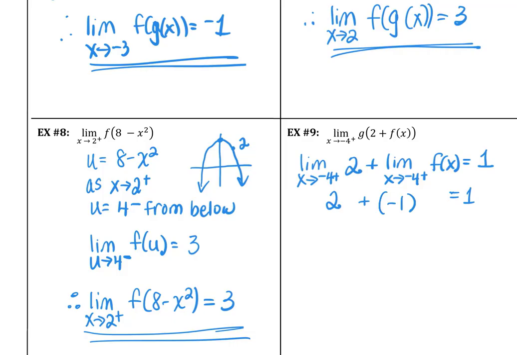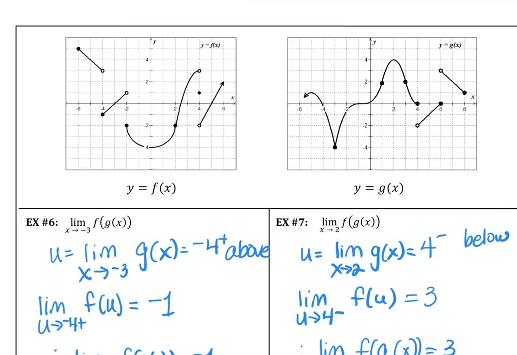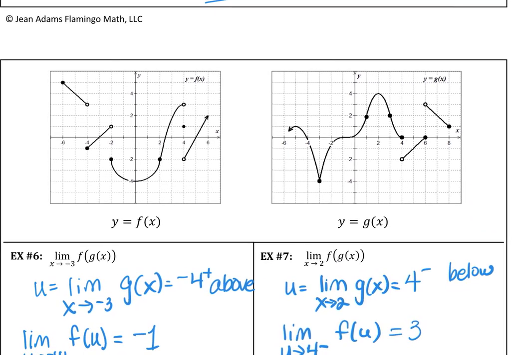Now we want to go back and look at the composition. So the limit as u approaches 1 of g of u, so we want to go back and look at the g of x graph. As we approach 1, that limit is going to be 2.